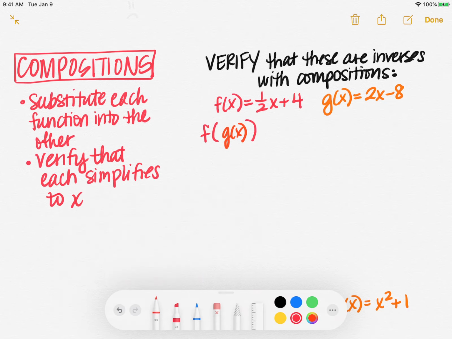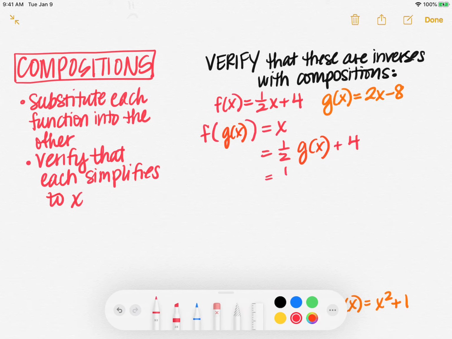And remember, that should equal x. So let's figure that out. What is f of x? It's 1/2 x plus 4. But we're not plugging in x this time. We're plugging in g of x.